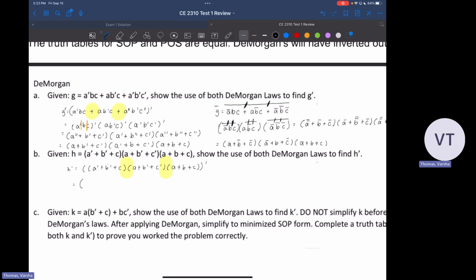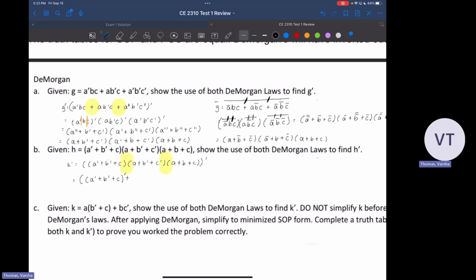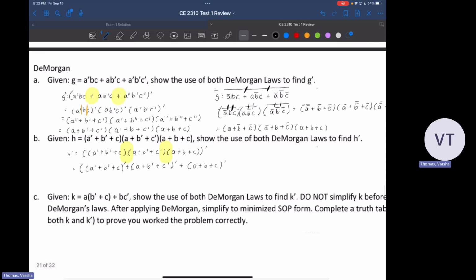We have A naught or B naught or C, and all of this is notted with the next term and inverted: A or B naught or C naught, and A or B or C. Change the relationship, put an inverter at the end.